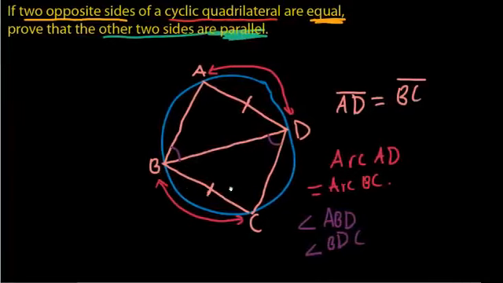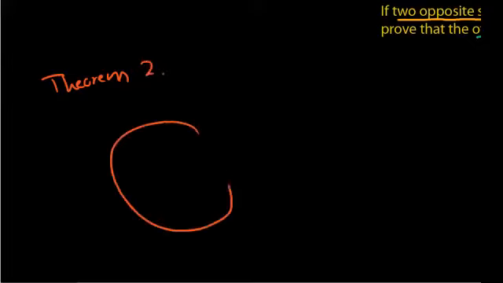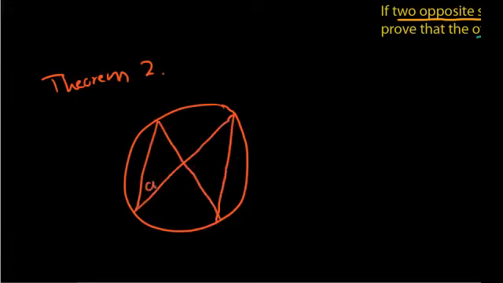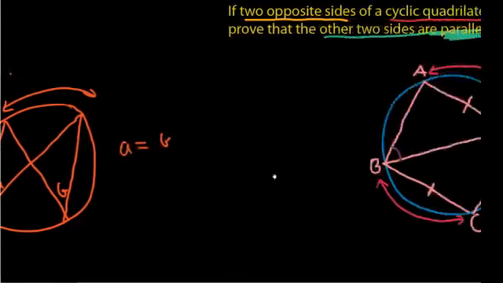Well, we have Handy's little circle theorem, Theorem 2. If we draw a circle and we draw a diagram like this, this angle and this angle subtend the same arc. This means that A must equal B. Why is this relevant?